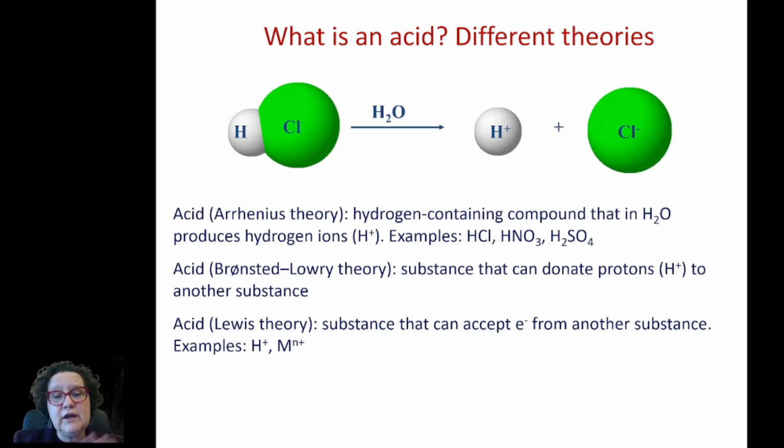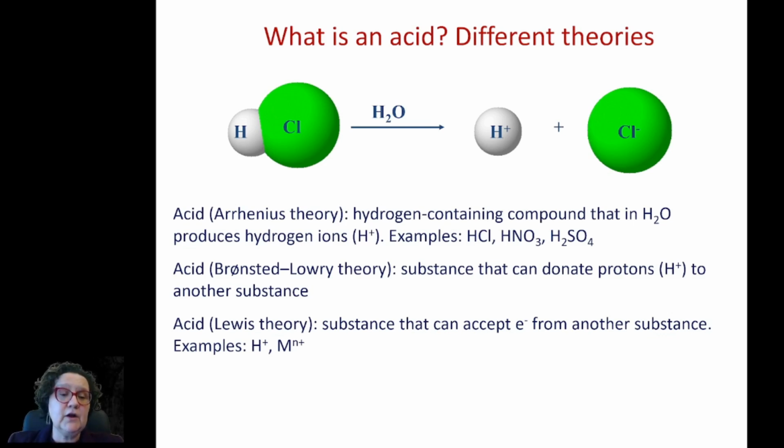Lewis theory does not look at hydrogens at all. Lewis theory looks at electrons, and you're an acid or a base depending on if you can accept electrons or donate electrons. And we will look later on at why that's a very powerful theory. So Lewis defined an acid as a substance that can accept electrons from another substance. So any substance that has the capacity of accepting electrons can be defined as a Lewis acid.